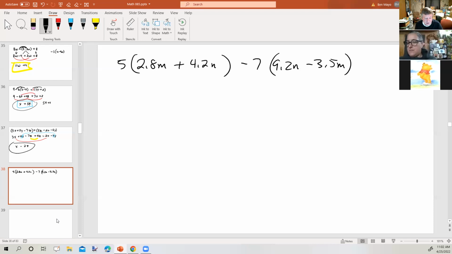Inside the parentheses, I can't combine things. They are not like terms. M and n aren't the same. So I'm going to distribute the 5. Well, let's see. What's 5 times 2.8 is 14m plus 5 times 4.2, 21n.